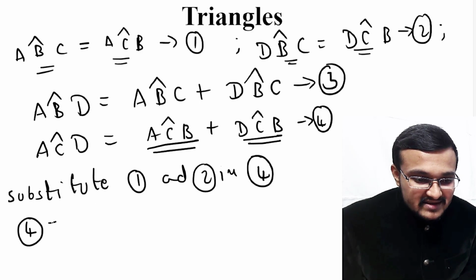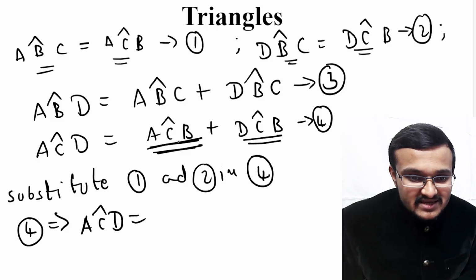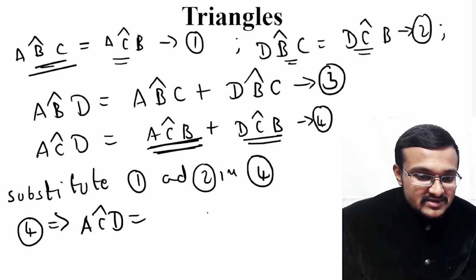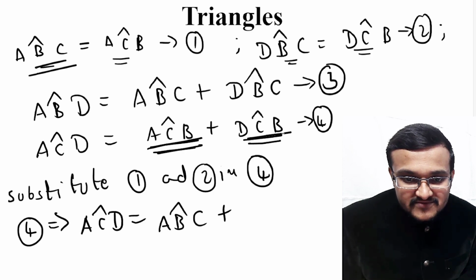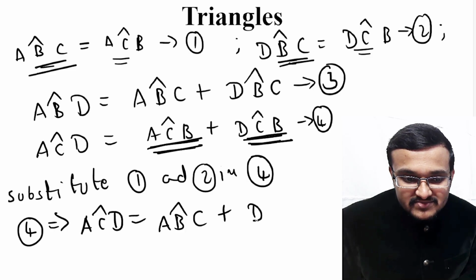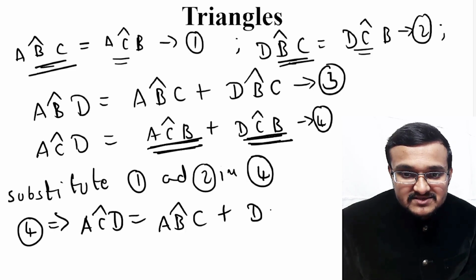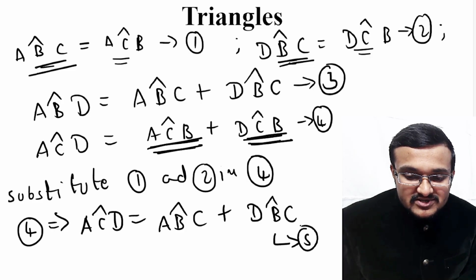So let me rewrite equation 4. ACD is equal to, in the place of ACB, I can write ABC, plus, in the place of DCB, I can write DBC. ABC plus DBC. You can call this equation 5.